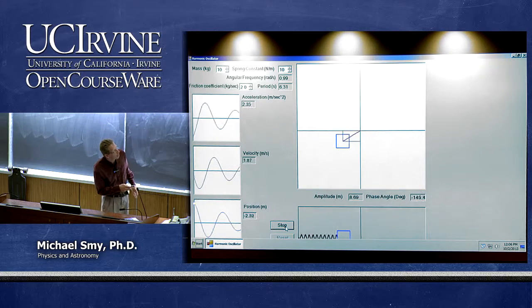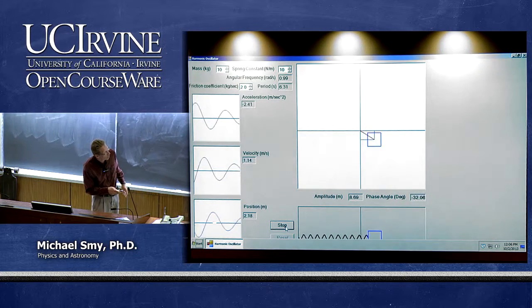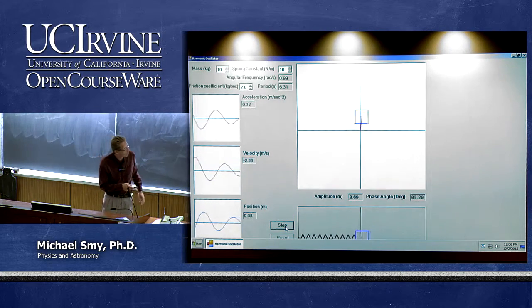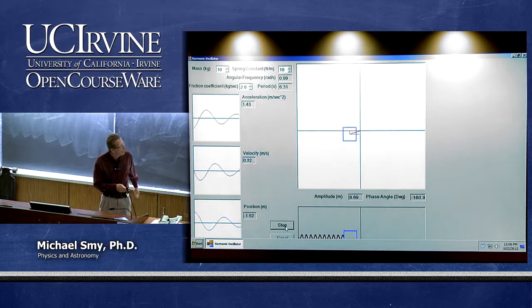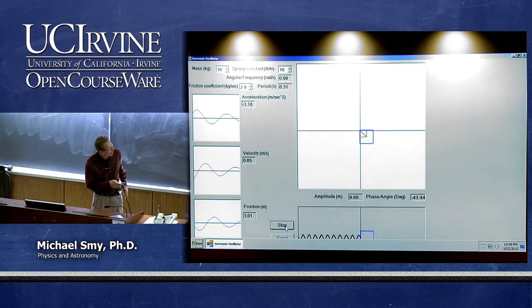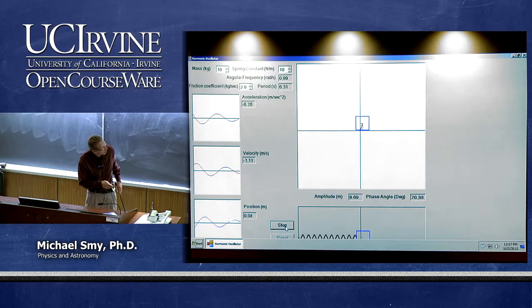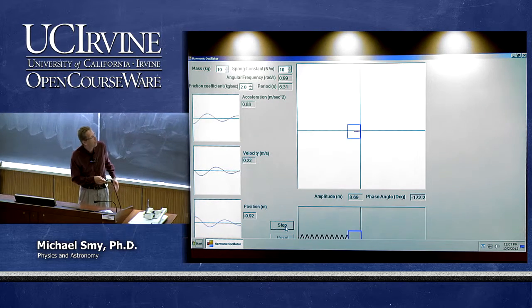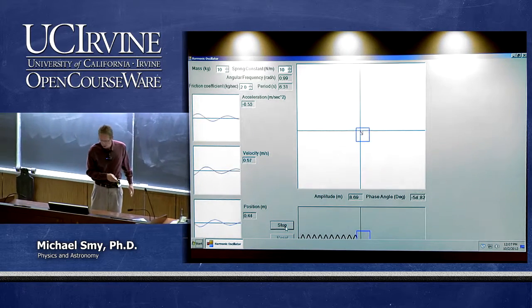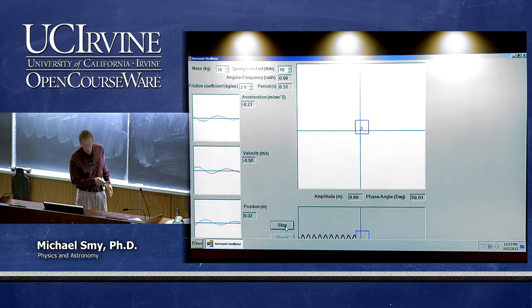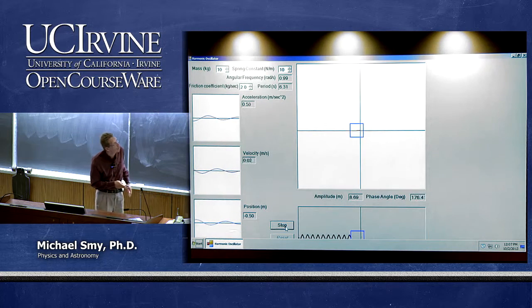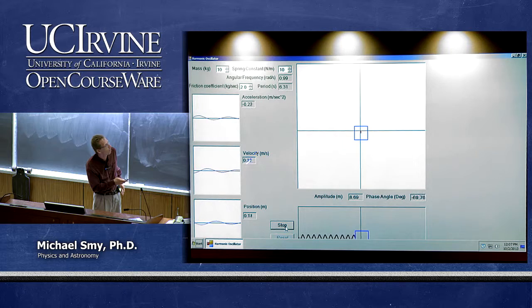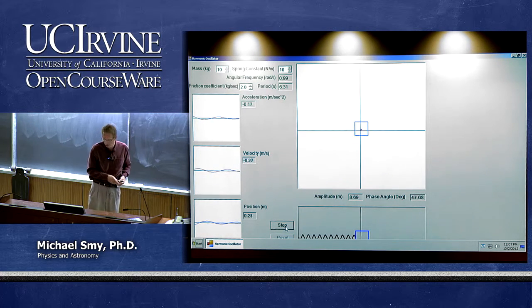So now you can see that the amplitude as a function of time is reducing. And as it will turn out, the amplitude as a function of time behaves like an exponential. And eventually, the particle will come basically to a stop. And of course, velocity and acceleration decrease with it.